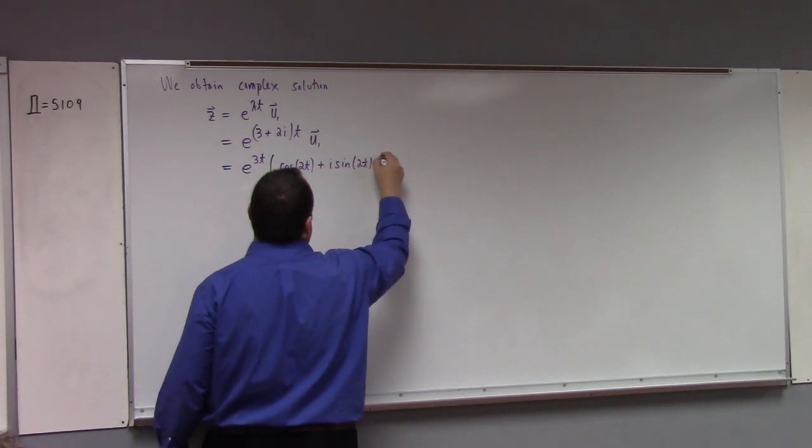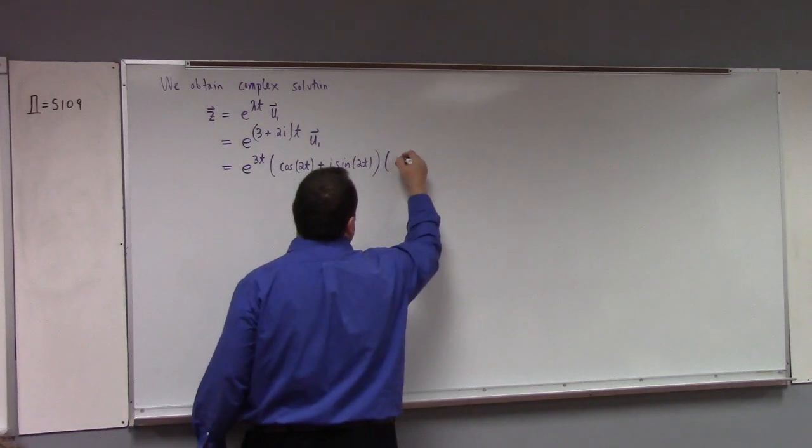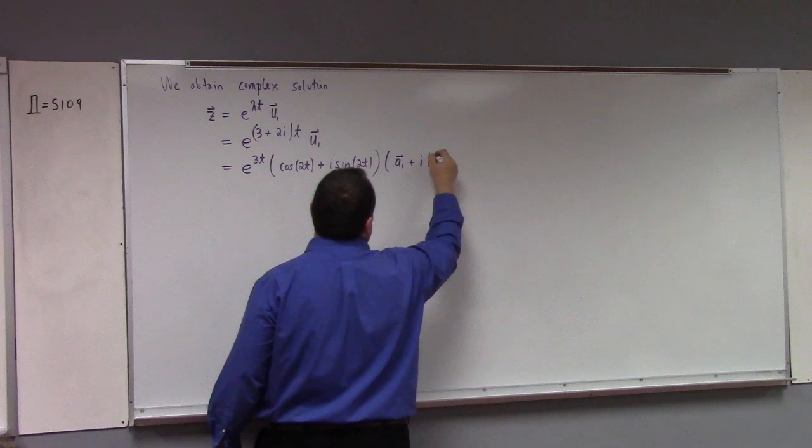So you need to learn this if you don't know it already. And the u1 we'll write as a1 plus i times b1.